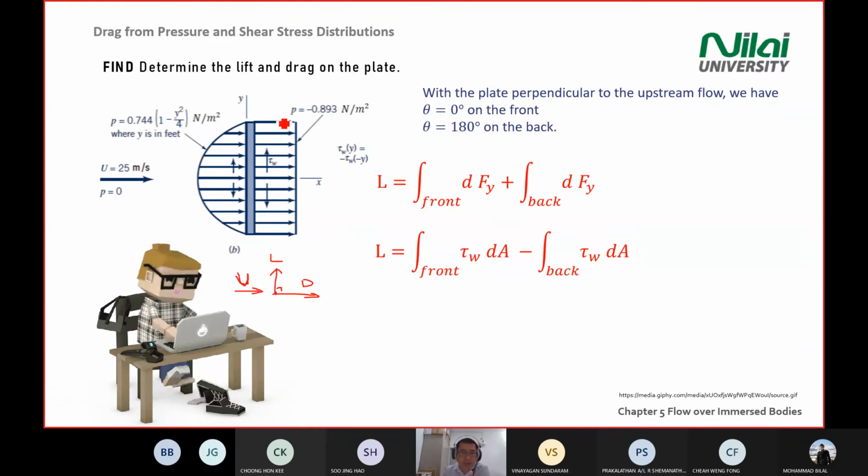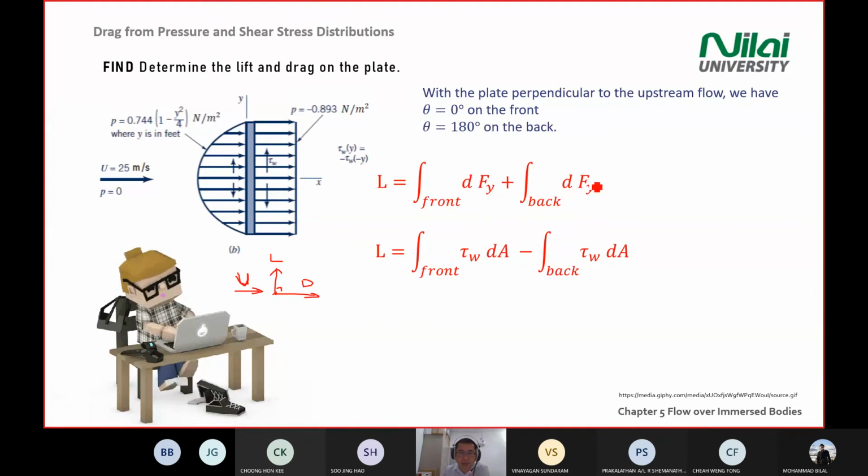So when you calculate the lift, you only see the shear stress along the surface because it is perpendicular to the upstream. Your pressure here does not generate anything in the upstream direction.